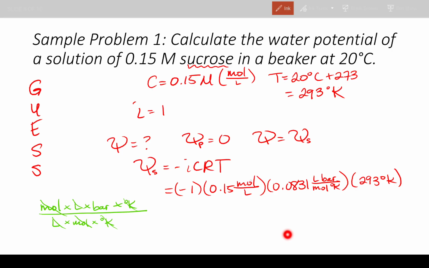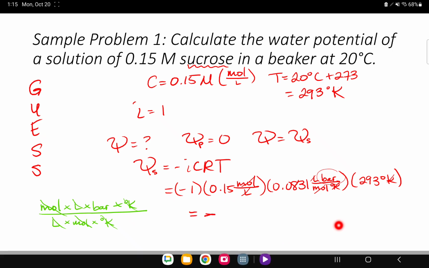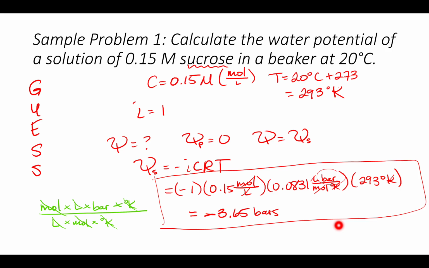And then all I'm left with is my unit of bars, which is appropriate because this is a pressure potential. And that's going to give me negative, remember, don't forget that negative sign, 3.65 bars. Again, the stuff you need to include is this.